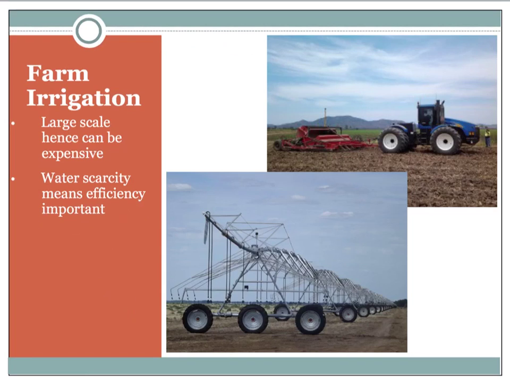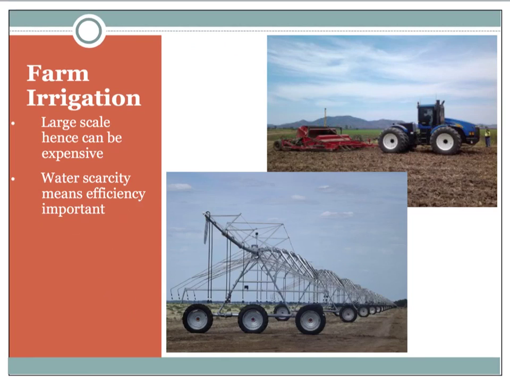Because of this extra cost involved, farmers need to make sure that they use that water as efficiently as possible. They're not going to apply it to their paddocks unless their paddocks are set up for it, or they're going to require expensive equipment to apply it.